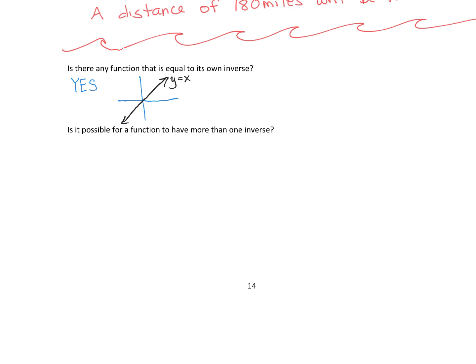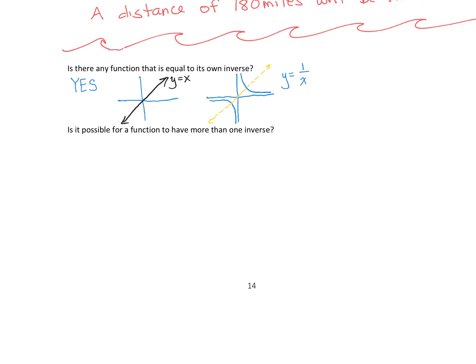Here's another example. This graph is the graph y equals 1 over x. And you can see that if I reflect this over that 45-degree line, I would get the exact same graph.